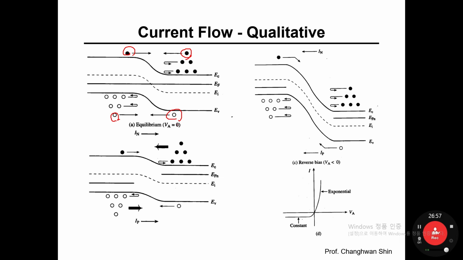If you took my class last semester, you may remember that all the electrons and holes in a silicon material are in a dynamic situation. A dynamic situation is the opposite concept of a static situation. A static situation means suppose that there are two electrons in the n side.